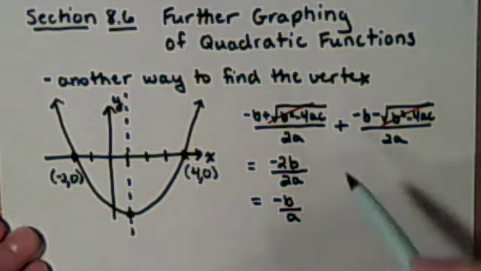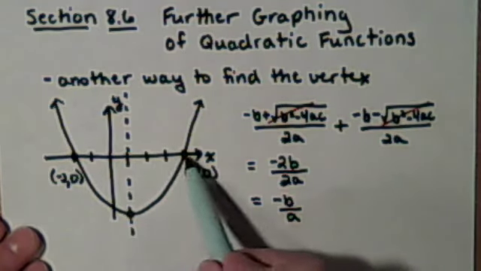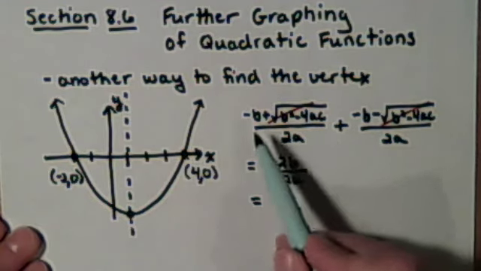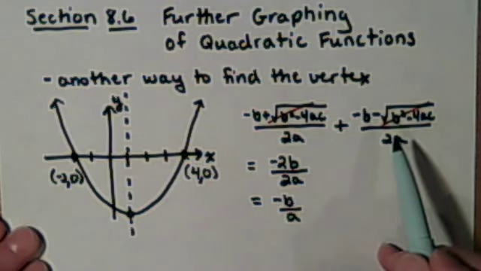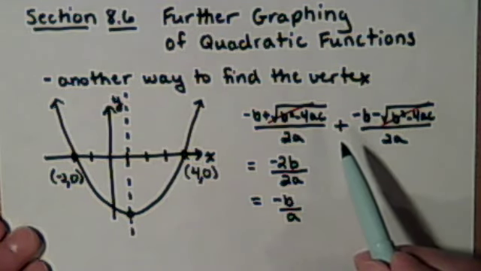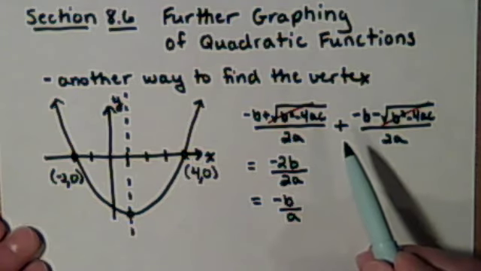This value actually gives me the sum of these two points. So if you think about this representing your 4 and this representing your -2, if I add that together, 4 plus -2 would give me 2.